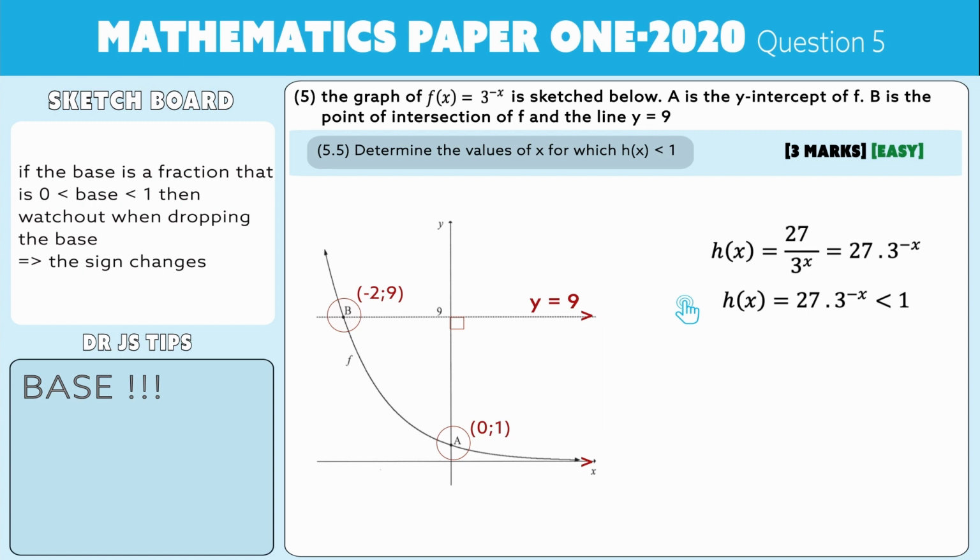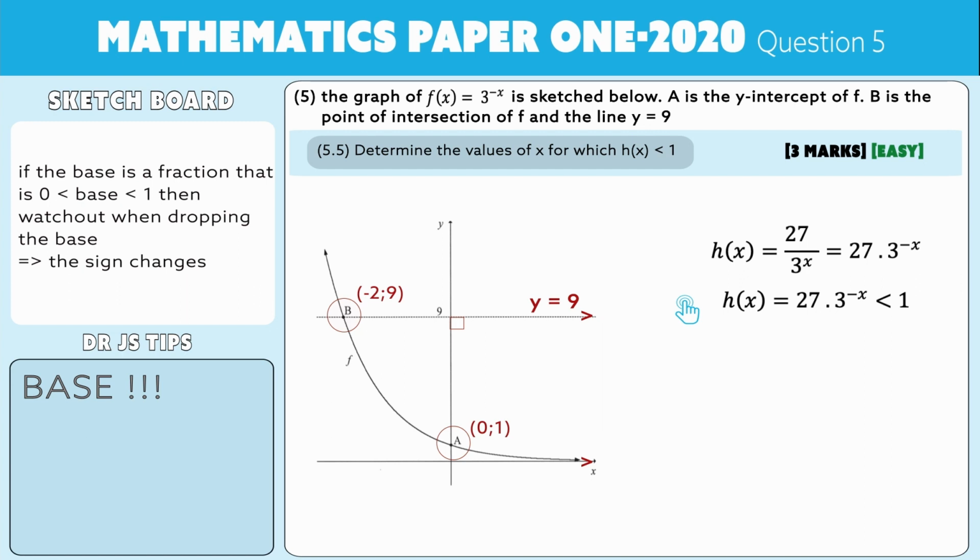Any base smaller than 1 would be, if I worked with a base of a third here. Okay, why? Because watch out, when you're dropping the base, the sign will change direction. That is the important catch here.